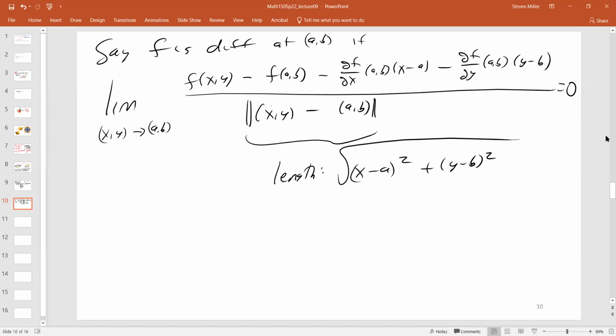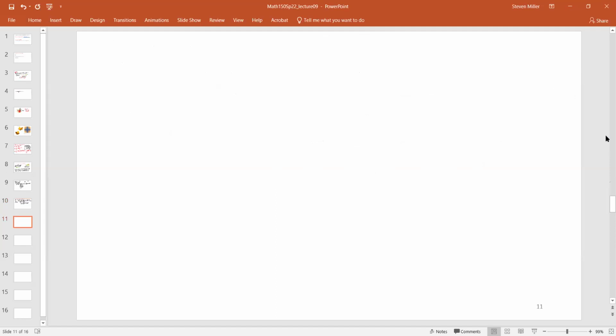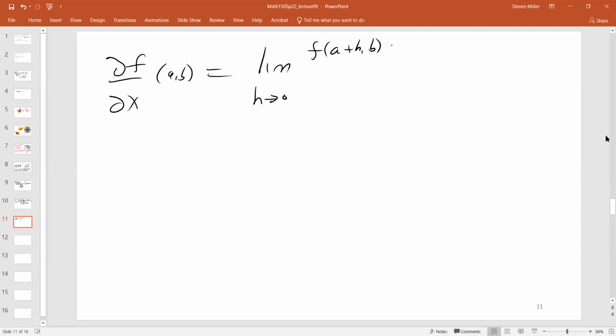What's wonderful about this is that if the tangent plane is doing a great job approximating, it's not going to matter which way we approach. And so to define things rigorously, df/dx at the point (a, b) means the limit as h goes to 0 of f of (a plus h, b) minus f of (a, b), over h.